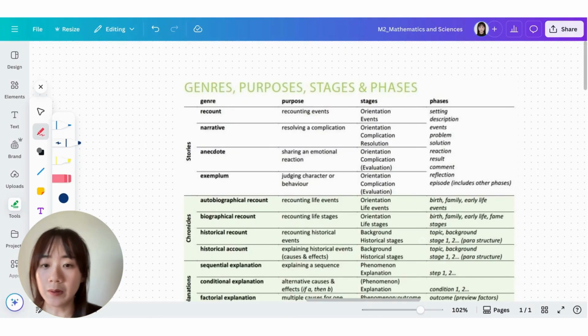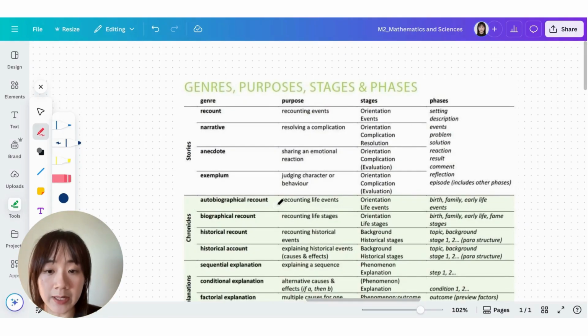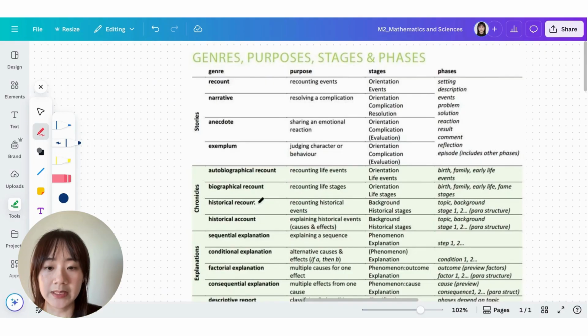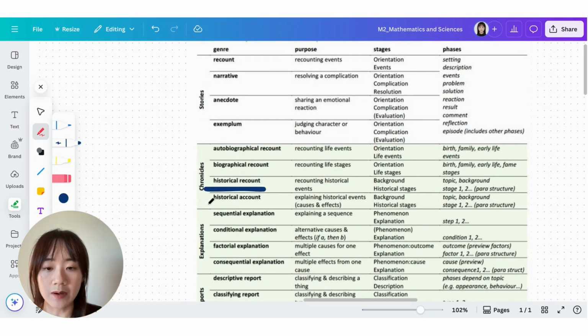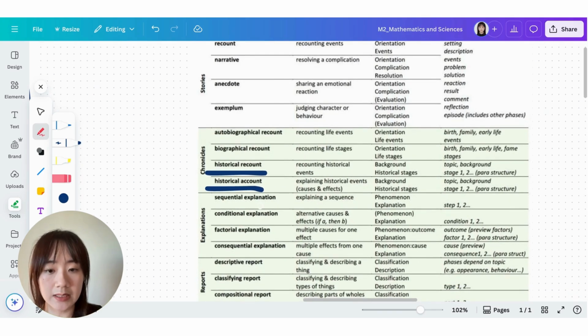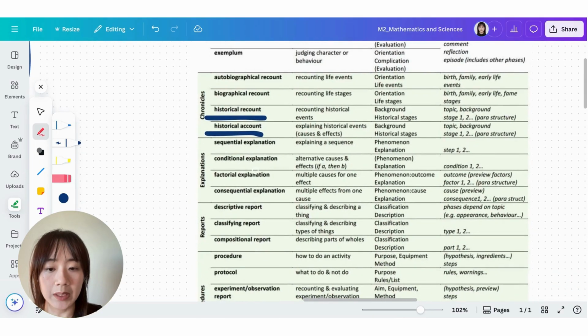For example, in history, we may see history recounts and historical accounts, which we may not be able to see in our mathematics or sciences classes. In sciences and mathematics, we normally see classifying reports, and maybe descriptive reports.